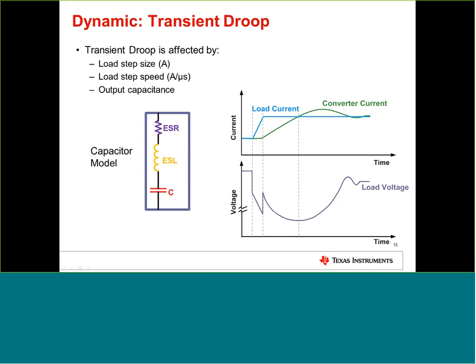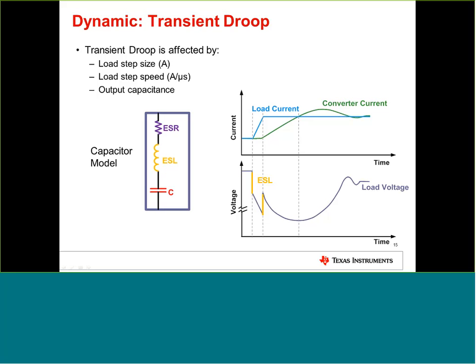If you have a look at the load step itself, the voltage drop looks similar to the picture you can see here. During the load step, depending on the slope and the type of the output capacitor, at the beginning you will see the main steps due to the ESL.